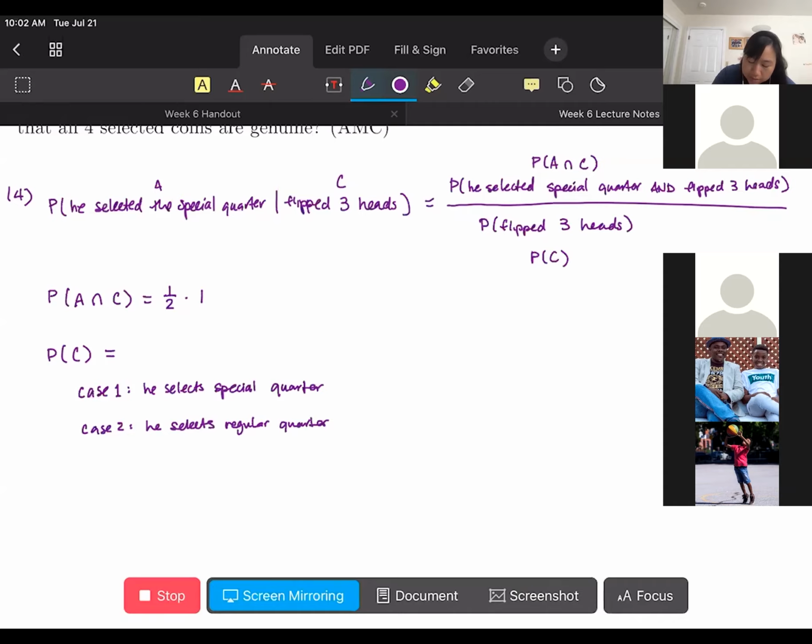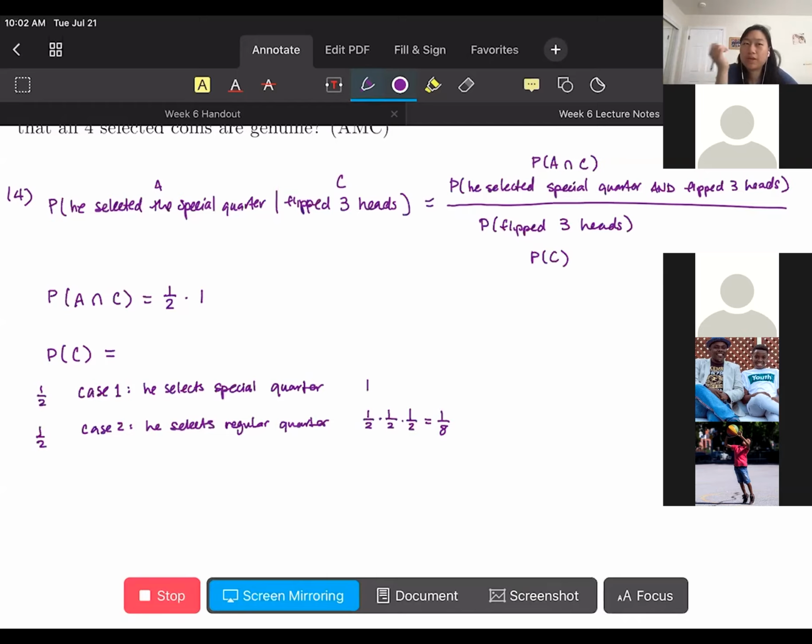If he selects the special quarter, then the probability that he gets 3 heads is 1. If he selects the regular quarter, then as you said, the probability that he gets 3 heads is 1/2 times 1/2 times 1/2, which is 1/8, right? Now the probability that he selects the special quarter is 1/2, and the probability that he selects the regular quarter is 1/2.